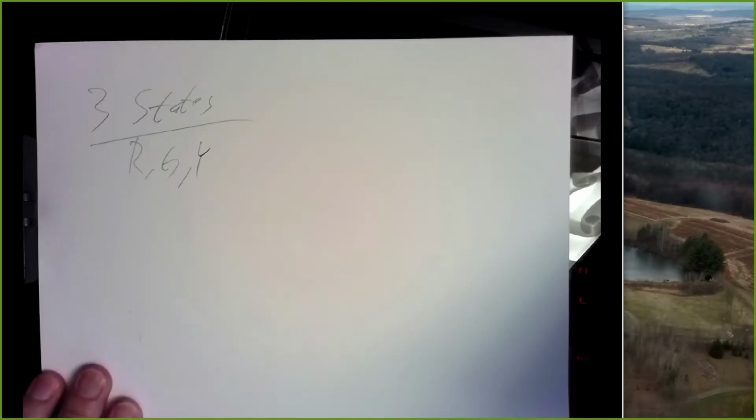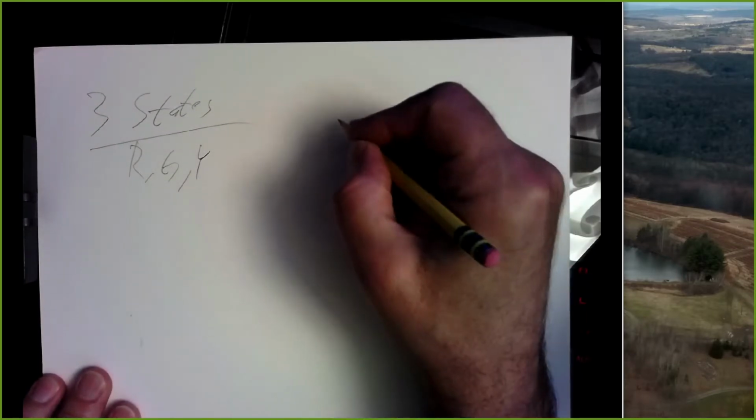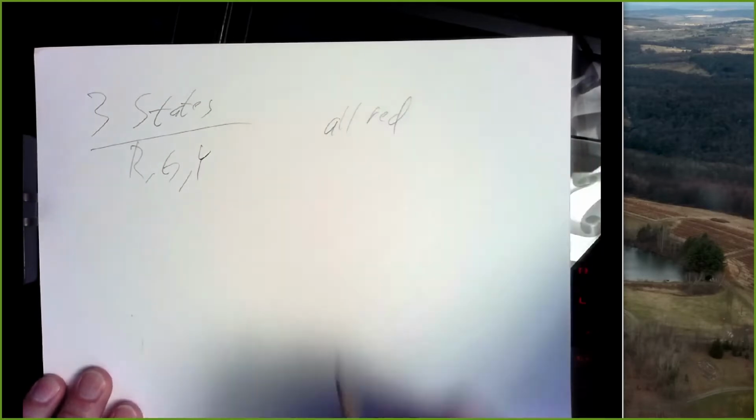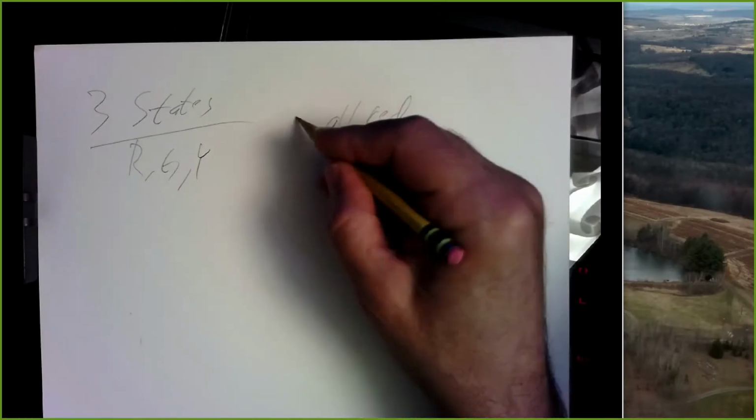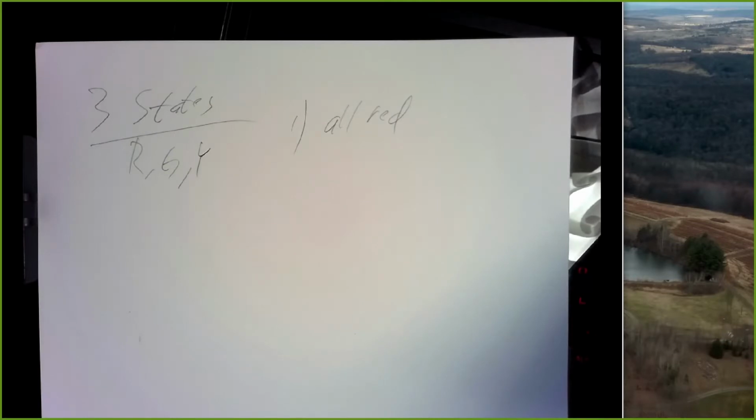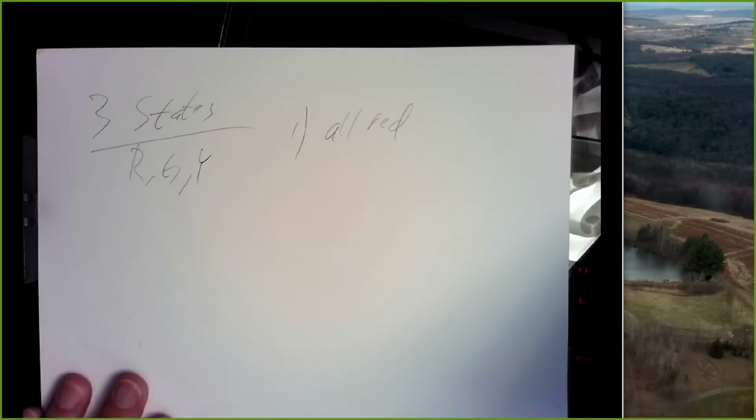Okay, 1 state would be all red. What are the other states? Green, red, yellow for each lane.